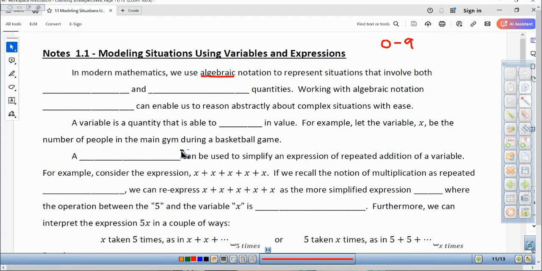Algebraic will involve the introduction of something called a variable. And I would like us to focus on what that means. Vary, V-A-R-Y, means what? If you think of some words that have that as their root, like a variety, so multiple different things, various, same sort of idea, or the weather that varies. Some days it's hot, some days it's cold.